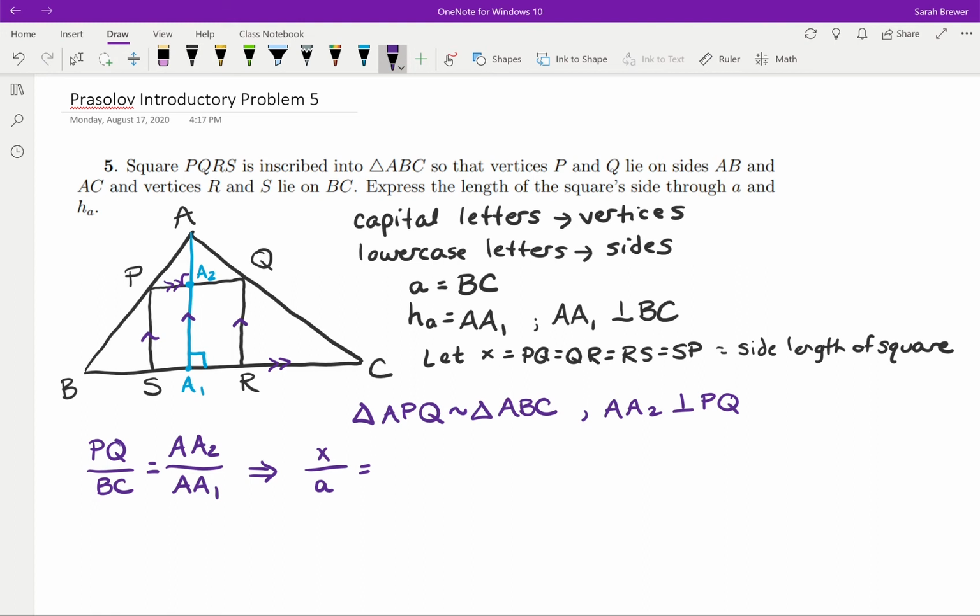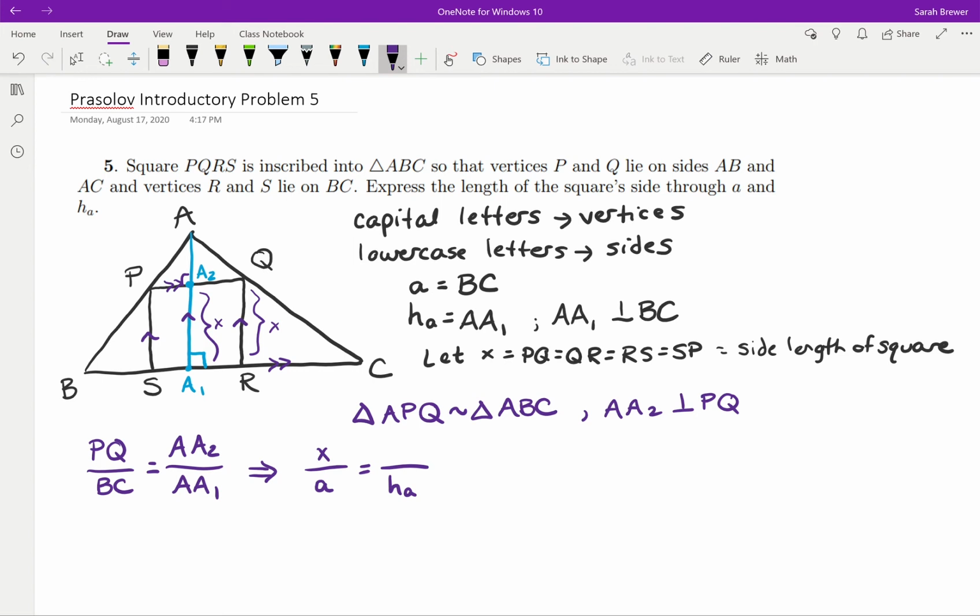AA2, well, let's think about this. AA1 is our height, drawn from A, right? And A1A2 is going to be the same length as the side of our square.